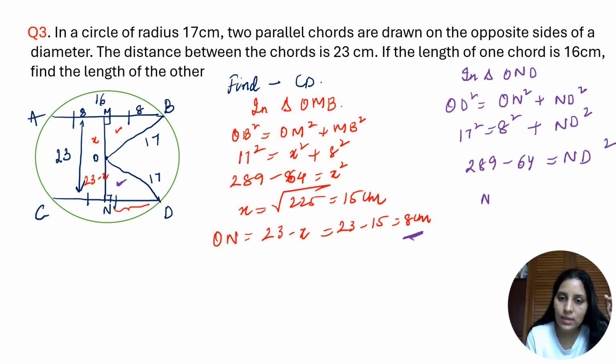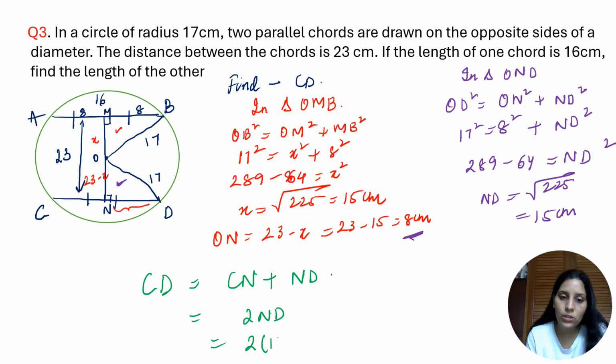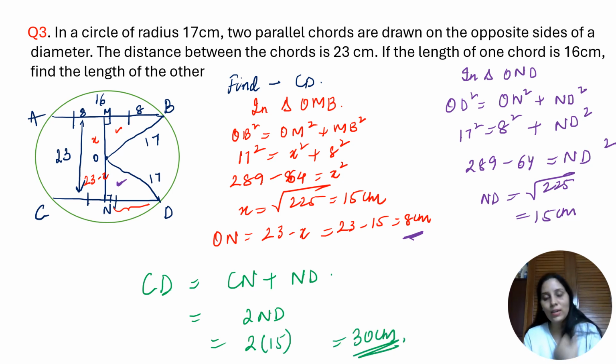So ND is again root 225, which is 15 centimeters. Now we need to find CD. CD can be written as CN plus ND. But since we know both of them are equal, I can write 2ND, which is 2 into 15, that is equal to 30 centimeters. This is one different kind of question, and this model generally comes, you will get one kind of question.